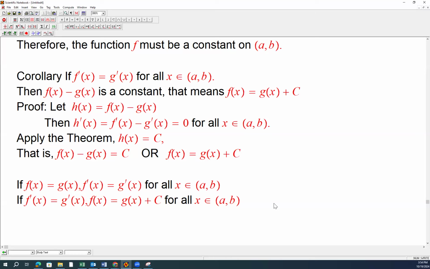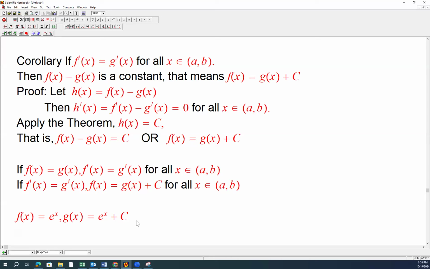I think maybe I can give you an example about how this works. Suppose I have one function f equal to e to the power x, and another function g equal to e to the power x plus a constant.